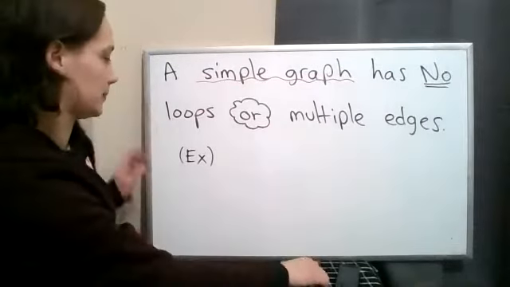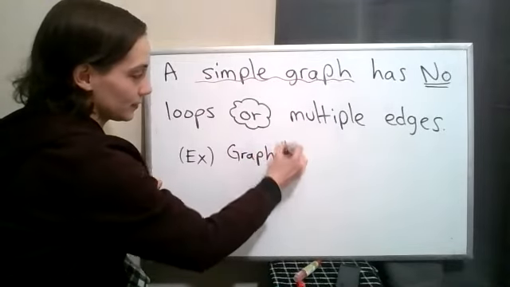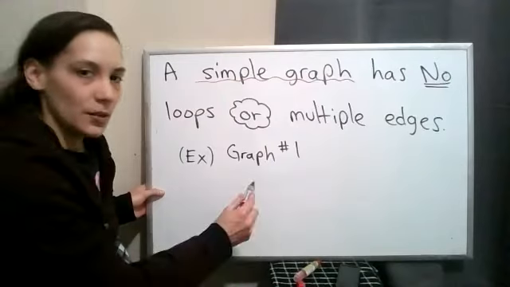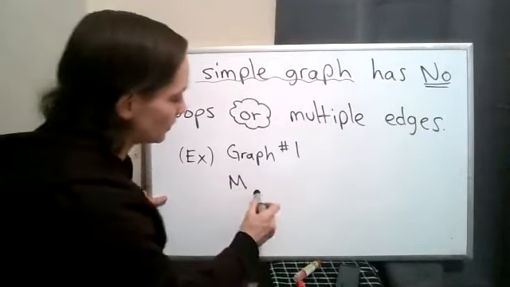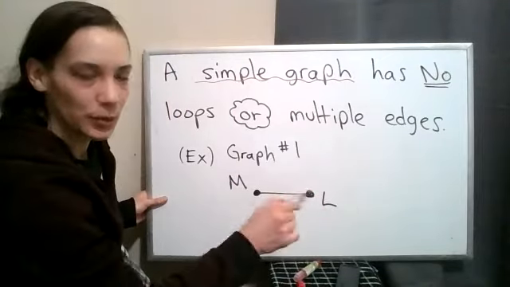Number 1. We have M going over to L. L has a loop.